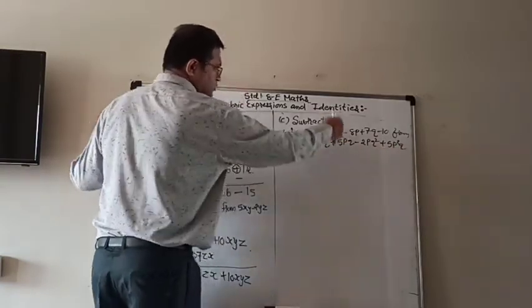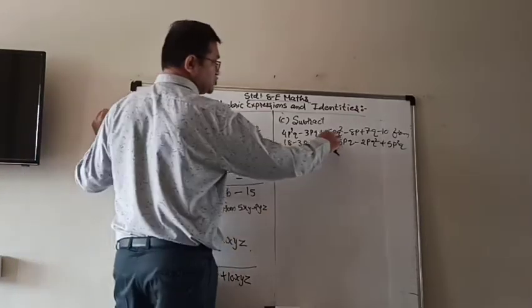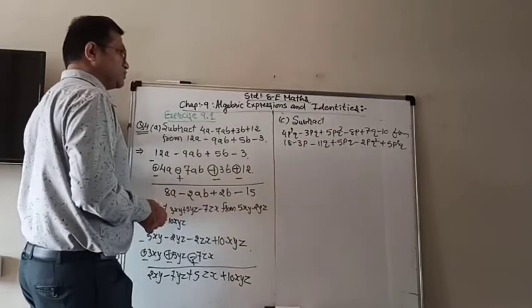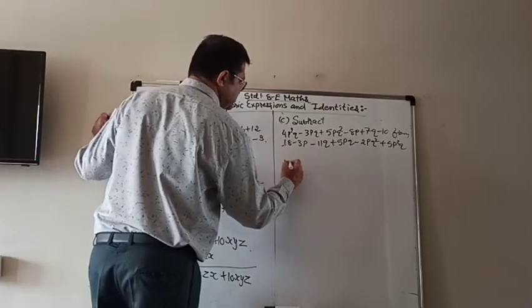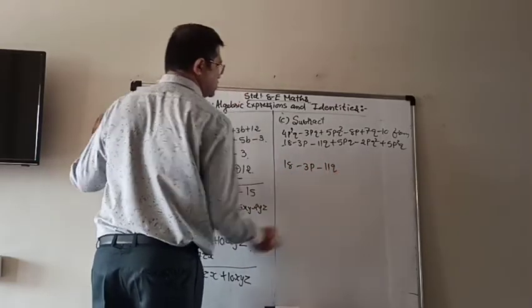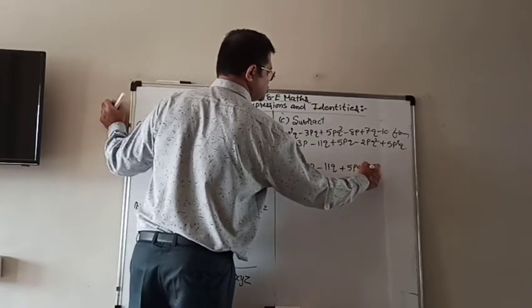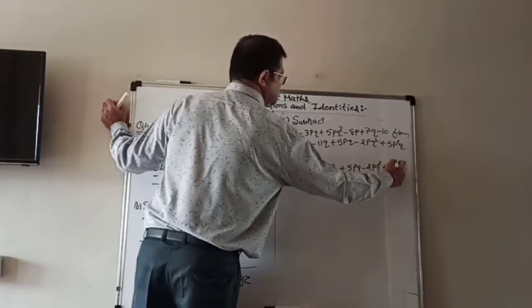If you put them together, then there will be a problem. So pq square will be with pq square, p square cube will be with p square cube. So now from this one, first we have to take this one, means 18 minus 3p minus 11q plus 5pq minus 2pq square plus 5p square cube.